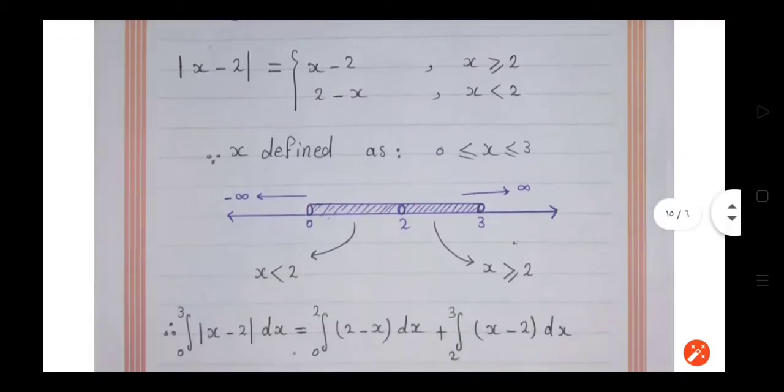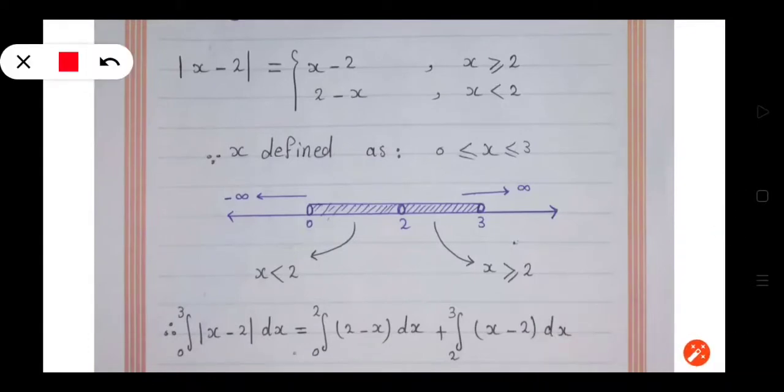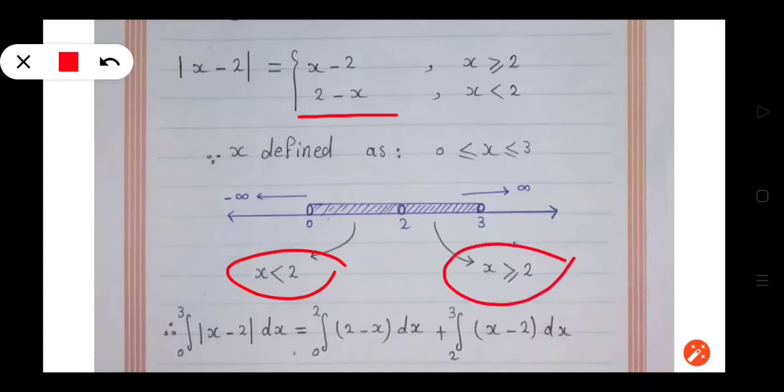We notice that in the region from 0 to 2, that means x less than 2, we depend on the function 2 minus x. That means the first part will have the limits from 0 to 2 and the function 2 minus x. And the second part from 2 to 3, it's x more than 2 with the function x minus 2.